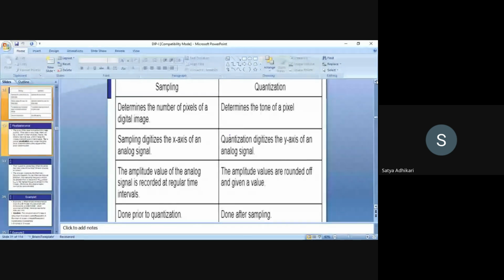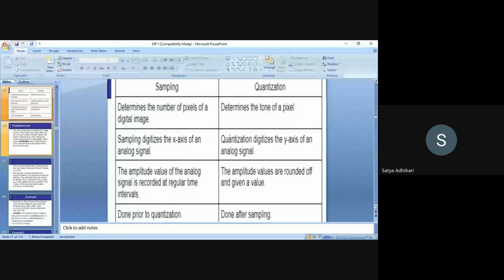They all are the same. Do not get confused. Sampling digitalizes the x-axis of an analog signal, and quantization the y-axis because it is value. The amplitude value of the analog signal is recorded at regular time intervals.